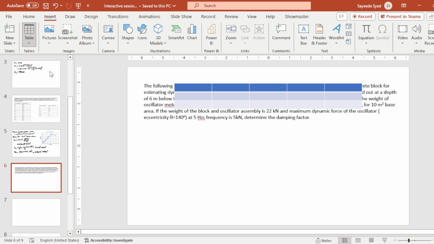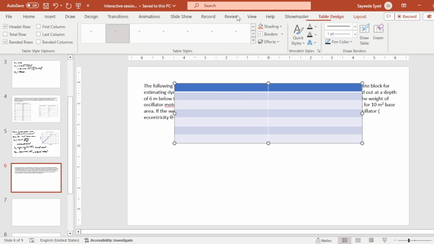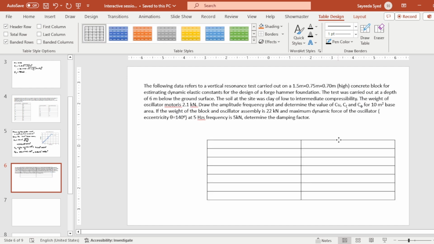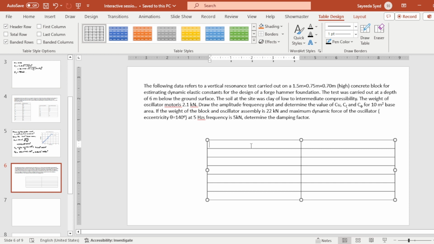1, 2, 3, 4, 5, 6. So we have frequency in cycles per second, and we have amplitude in mm.